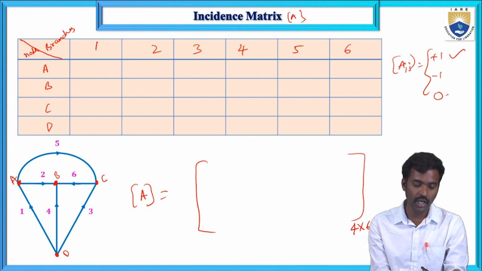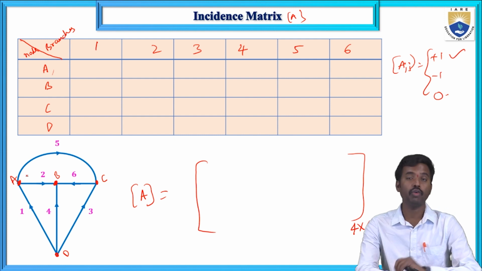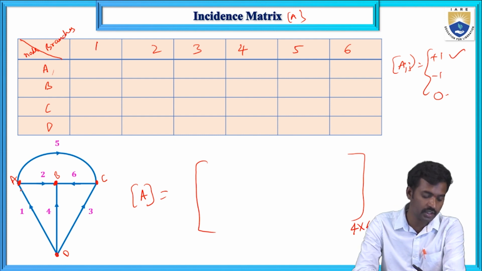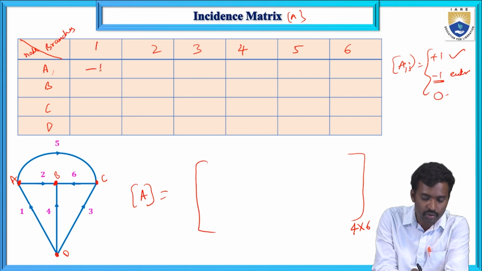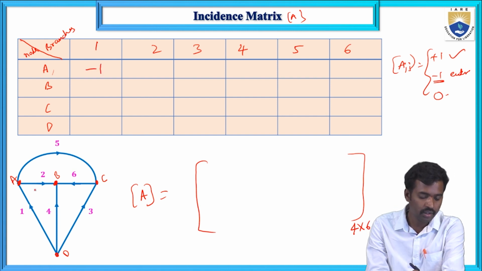Here from node A, one branch is entering towards the node; entering towards the node means this is minus 1. Here 2 branches are leaving away from node A, so that is plus 1.